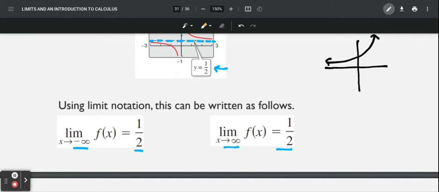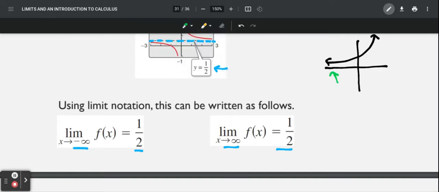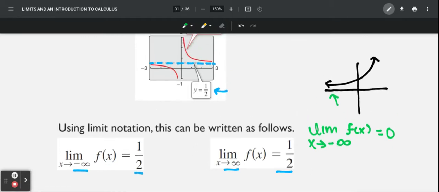If we're looking at x approaching negative infinity, which would be this side right here, we would say that the limit as x approaches negative infinity of this function would be 0, since our y values are going towards that horizontal x-axis.